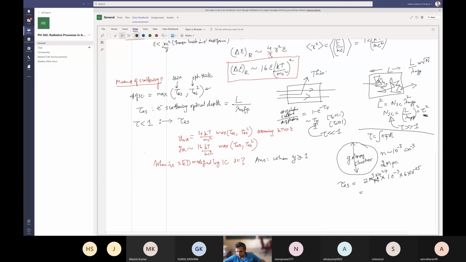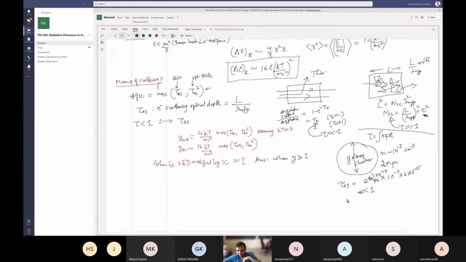It's quite small, right? Let's make 6 into 10, because we're really doing order of magnitude. So this is 6 times 10 to the minus 3. So this is actually much less than 1, right?